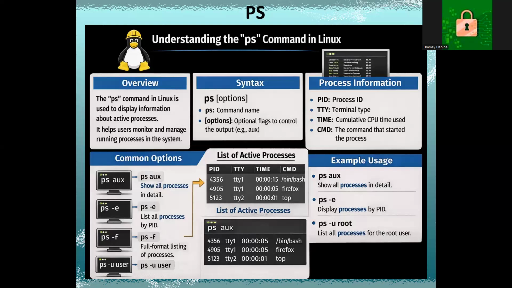A commonly used command is ps -e. This is the basic command, and we are using ps -ef, which gives a detailed list of every process running in the system.